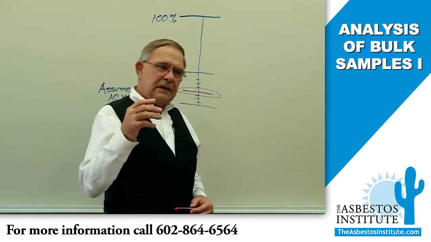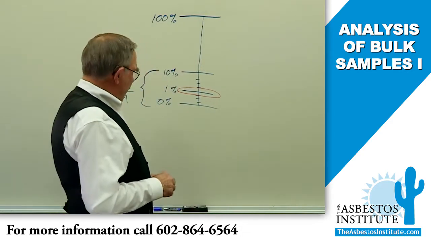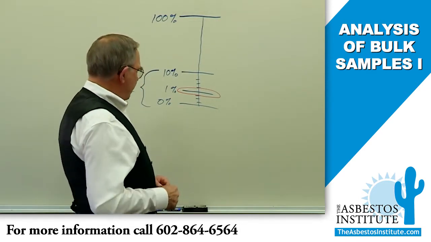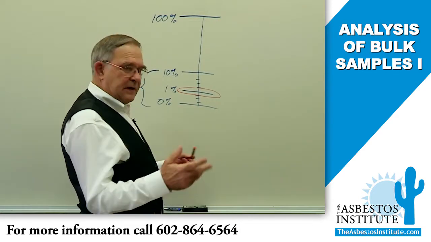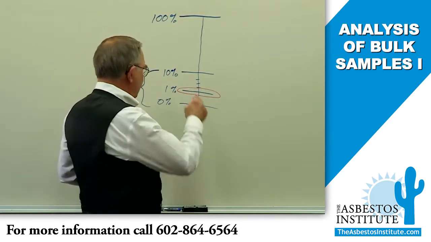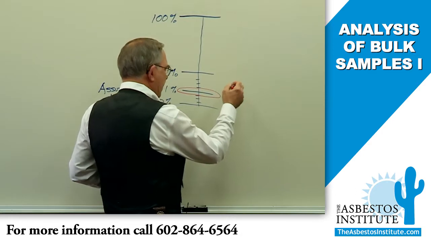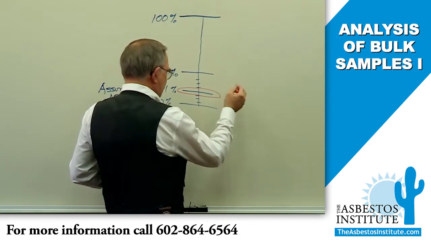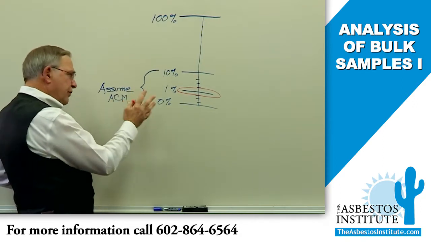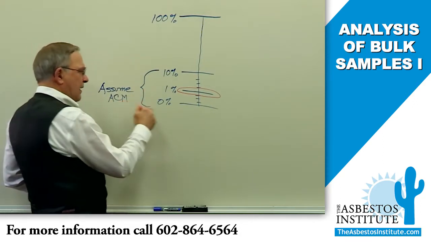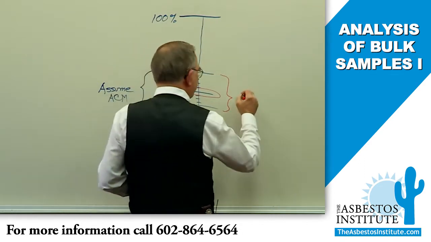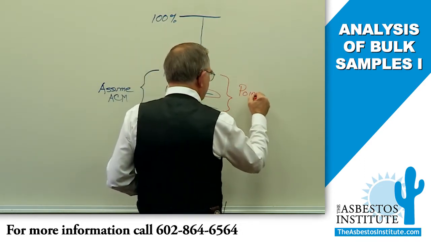That's because the microscope can't see the very small fibers that asbestos has. So anyway, EPA says below this level, you assume positive or point count. So to rebut this, or to prove that what you're working with is non-ACM, this is the area that we point count in.